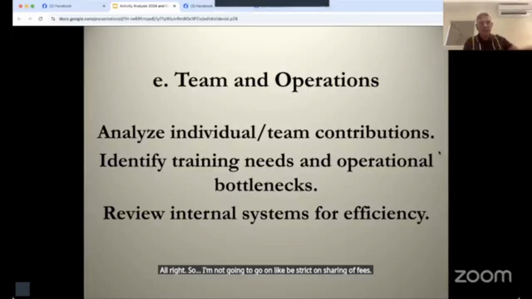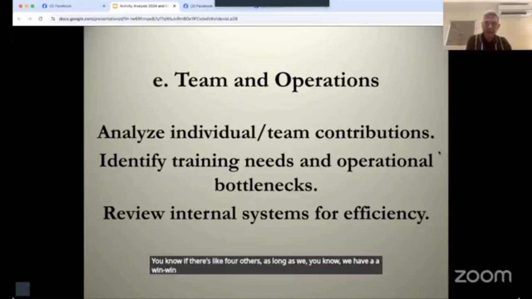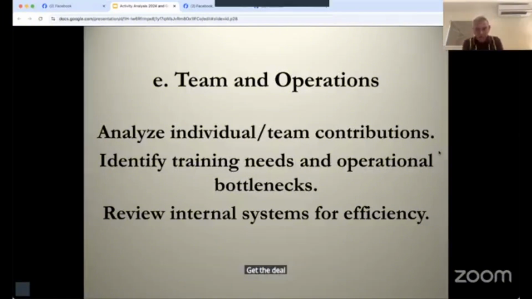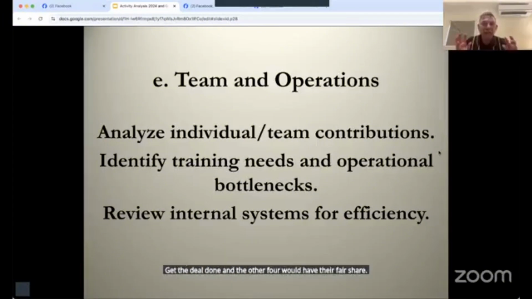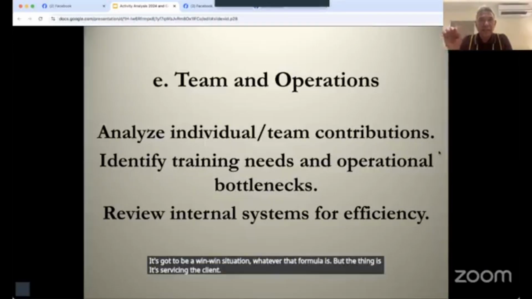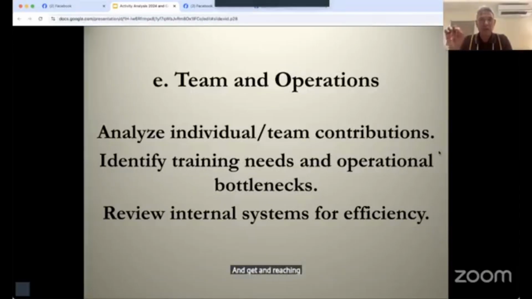If there are 4 others, as long as we have a win-win situation wherein I get a bulk of it, maybe 30%, 35%, we get the deal done, and the other 4 have their fair share. It's got to be a win-win situation, whatever that formula is. But the thing is, it's servicing the client and reaching the objective that matters.